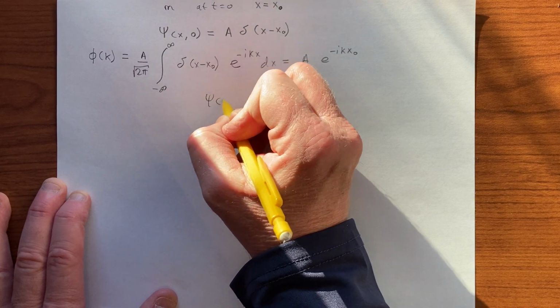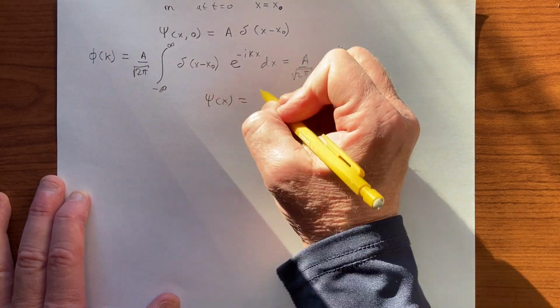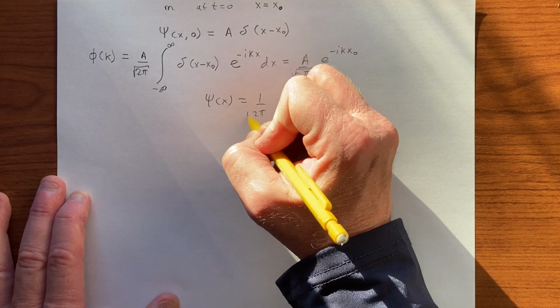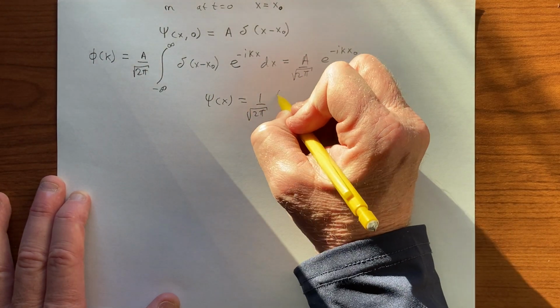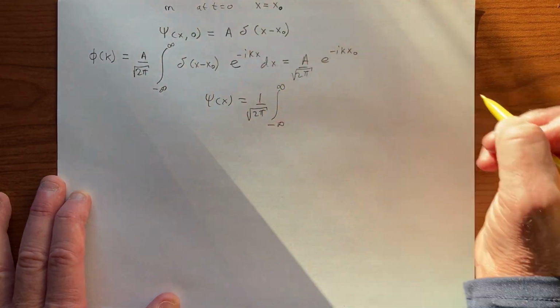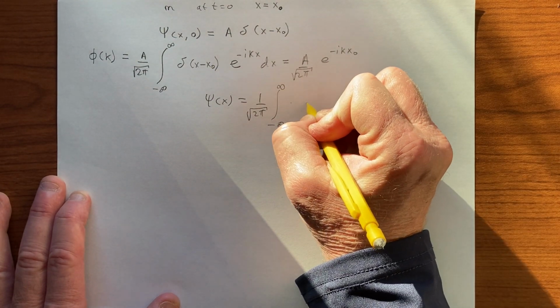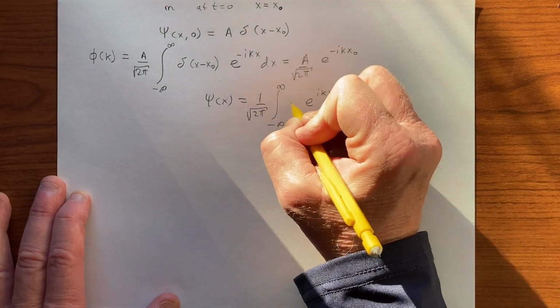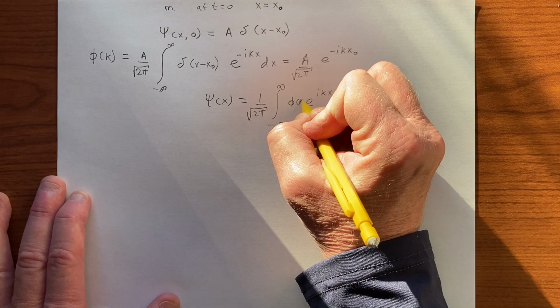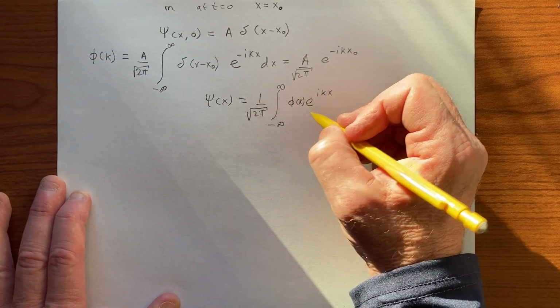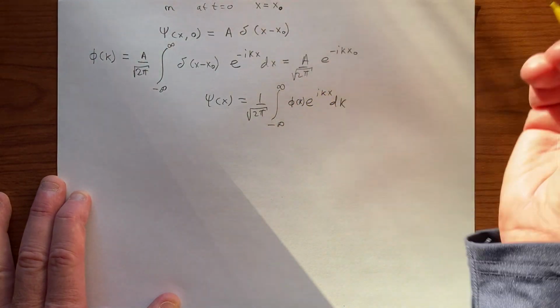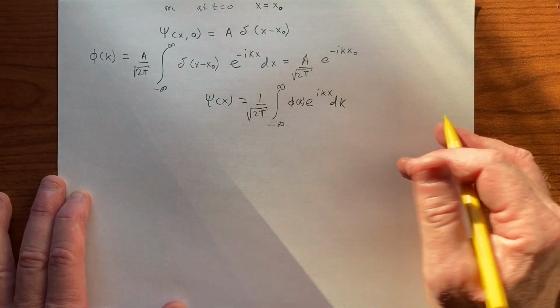So, psi of x, we're thinking of it as some normalization constant, and we're integrating the plane waves with weighted values of momentum, or k. In dk, we could turn this into a dp integral if we wanted.